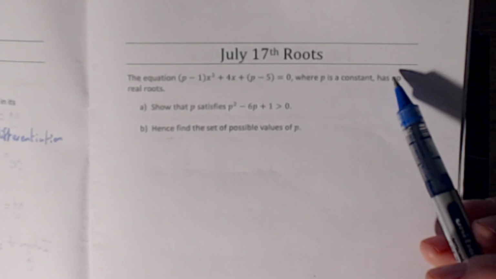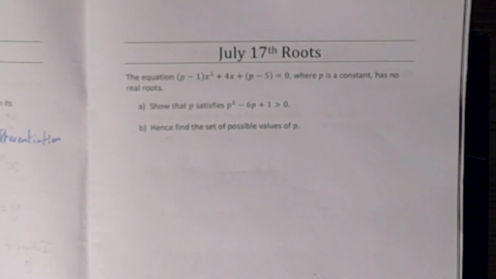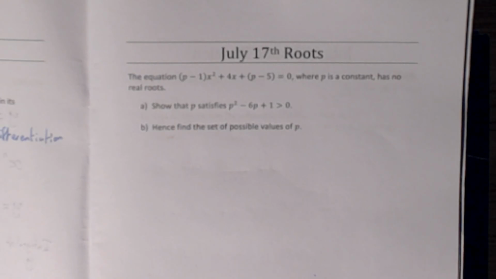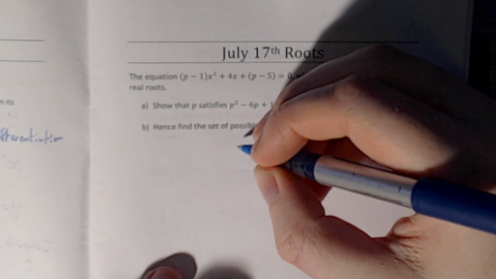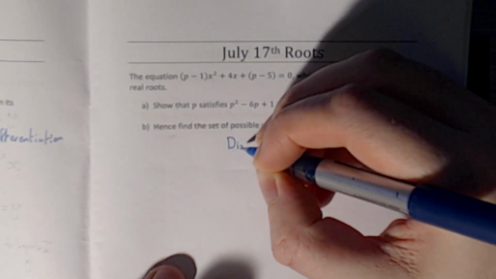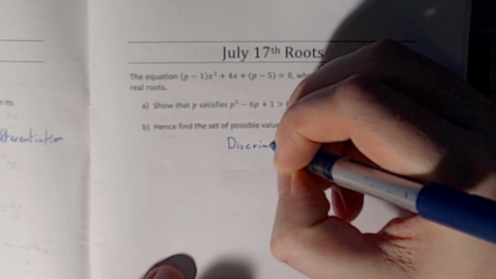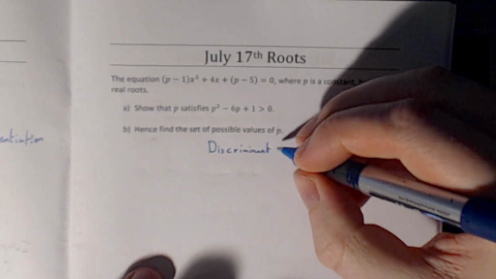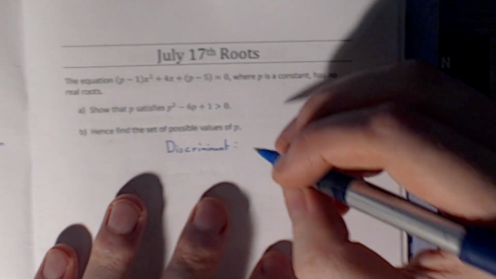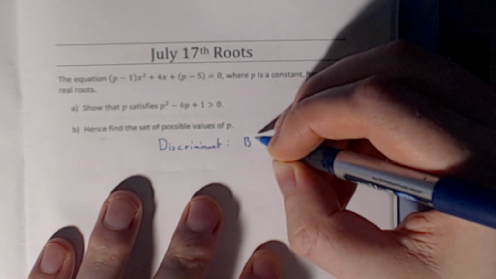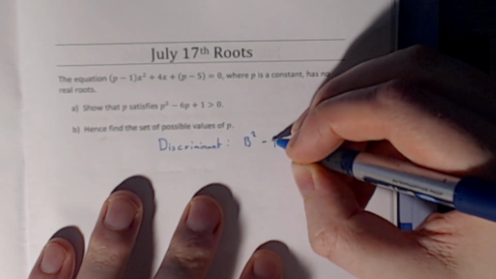So we're dealing with a certain amount of roots, and hopefully what topic this should be screaming at us is discriminant. If we remember, the discriminant of a quadratic equation is the following expression. It is b squared minus 4ac.